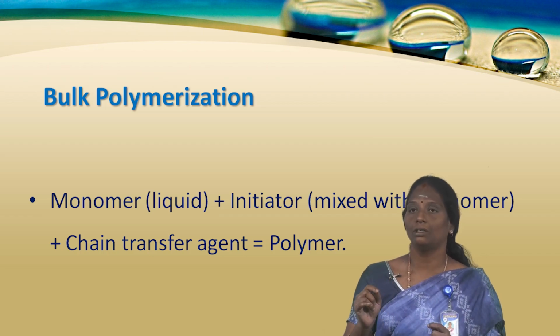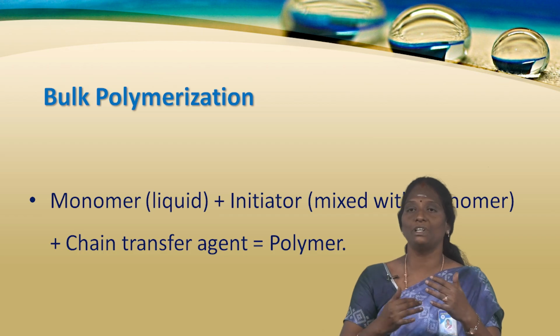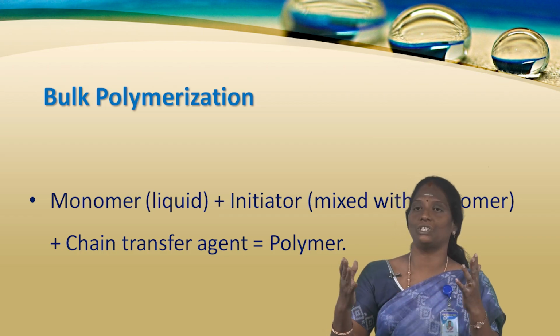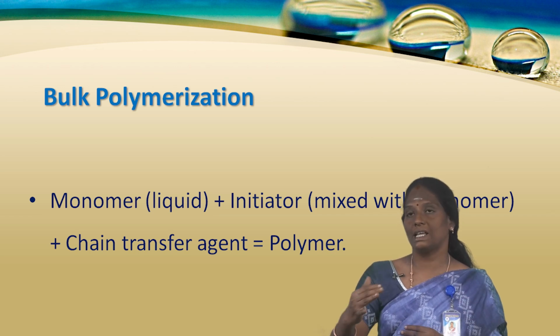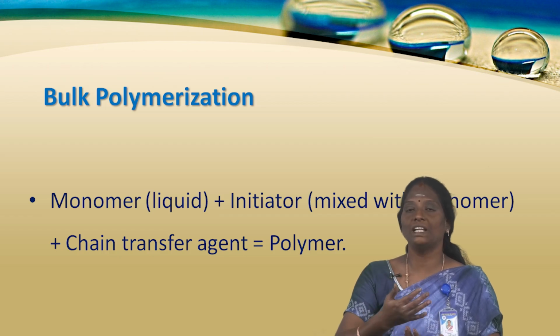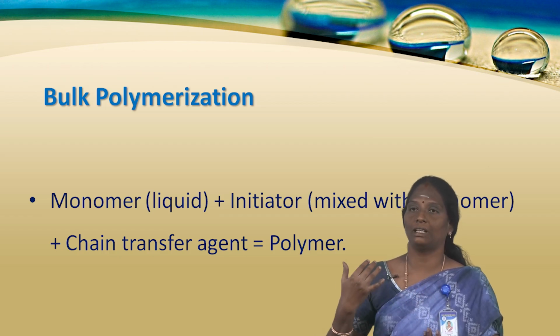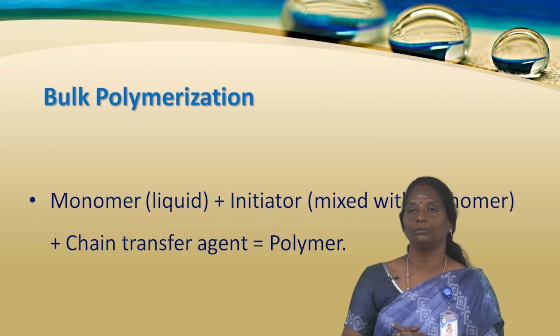As a monomer is solvent, excess monomer can be removed by evaporation method. So, the monomer is a solvent. If we take a monomer as a solvent, the excess monomer can be removed by evaporation. It has high optical clarity. So, this is an optically clear compound.